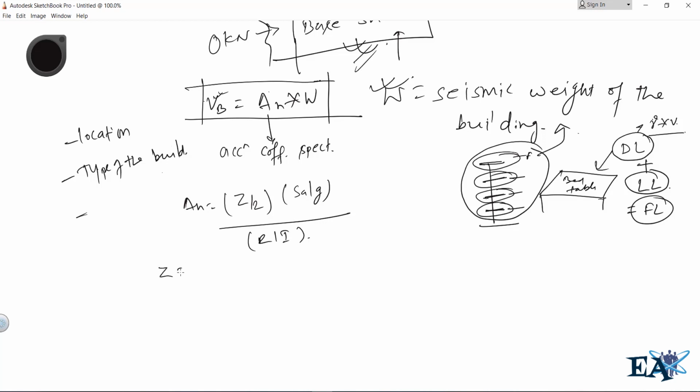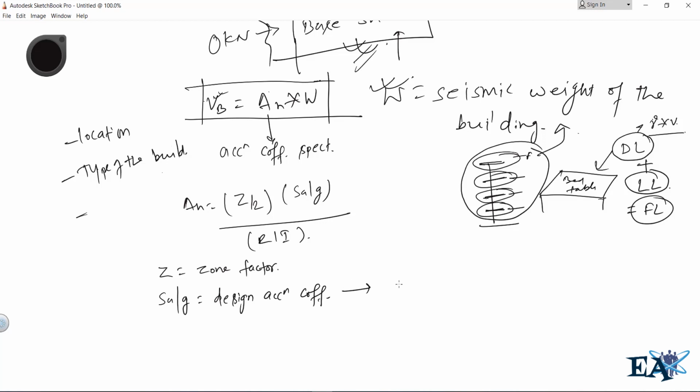Here Z is the zone factor, you can see it in the IS code. How do we calculate this? We'll see this in a while. SA by G is the design acceleration coefficient.